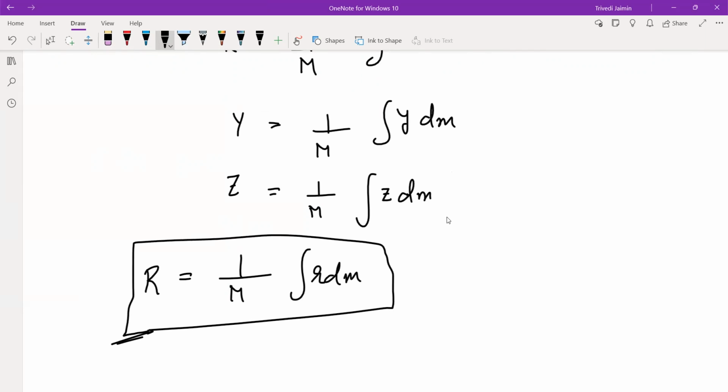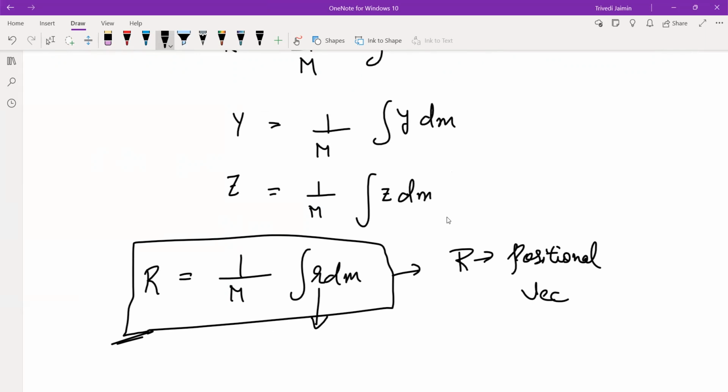So capital R is what? Positional vector, meaning position. Now, small r is for each small particle.